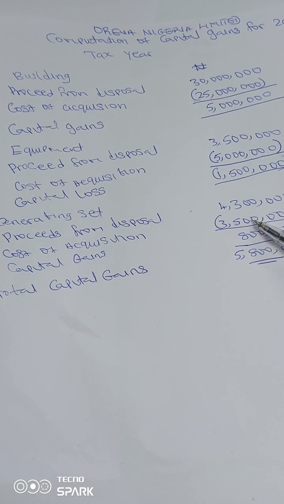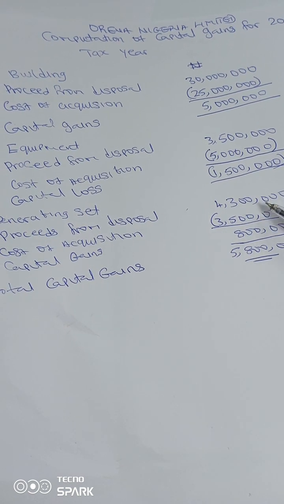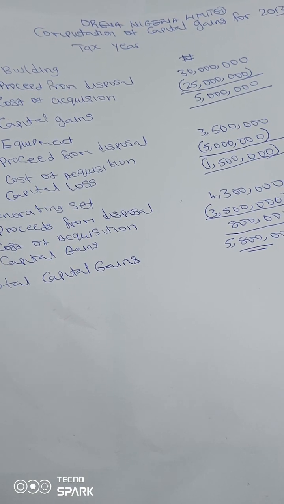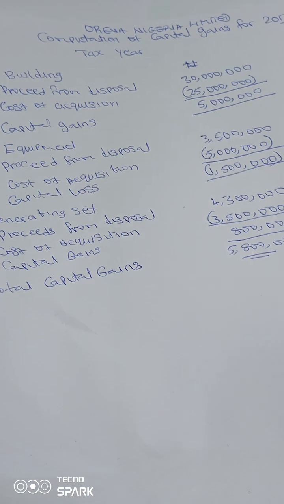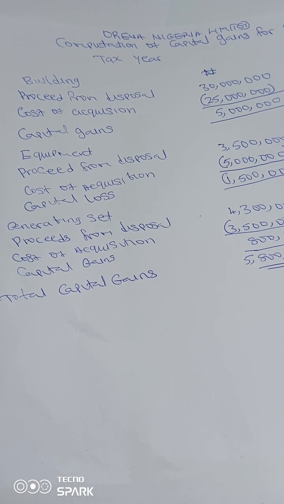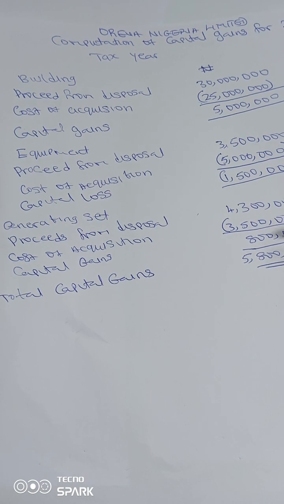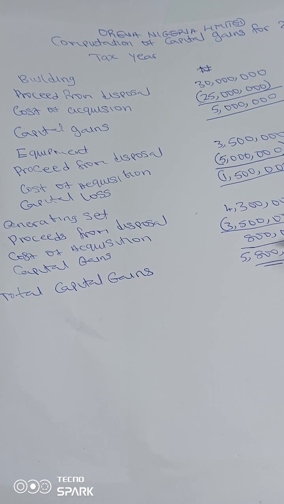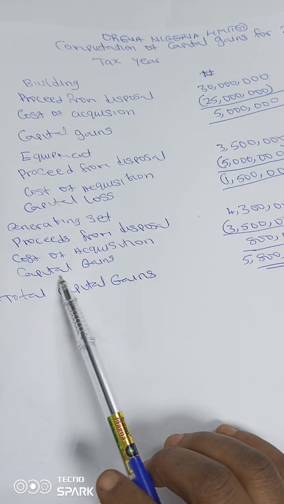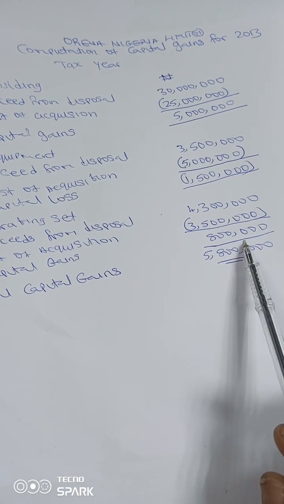So when you deduct the 3,500,000 that was used to acquire it from the 4.3 million that you used to dispose of it, as in selling it off, use your calculator to deduct this one from this one, you have a profit, which is a gain of 800,000 naira. So this is a capital gain, which is the 800,000 naira.